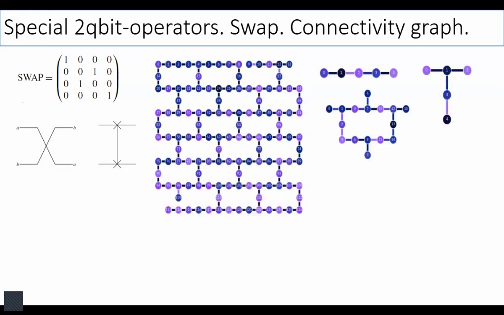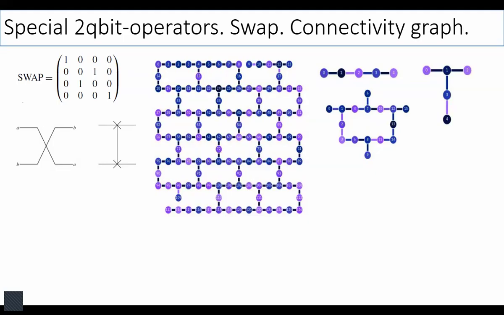And why is this gate so important? It comes to the physics of the device. In any case, qubits are physical objects, and they are somehow located in space, whatever the word located means in quantum mechanics.